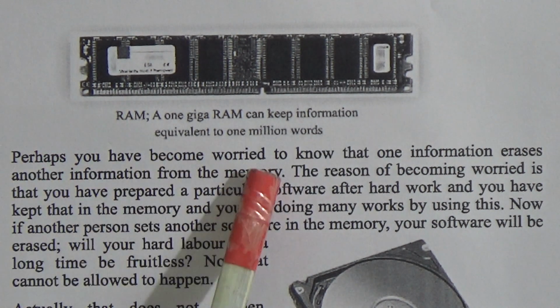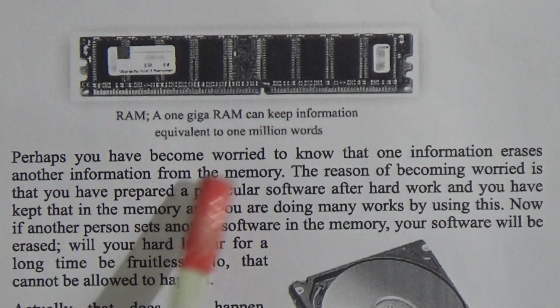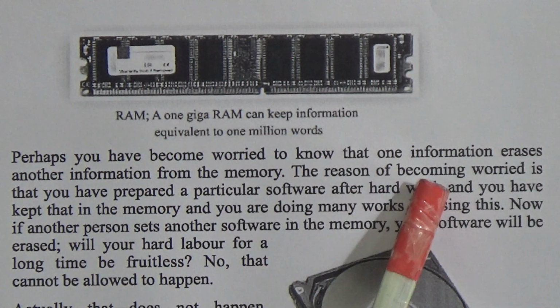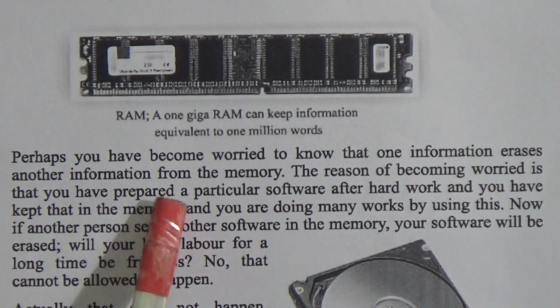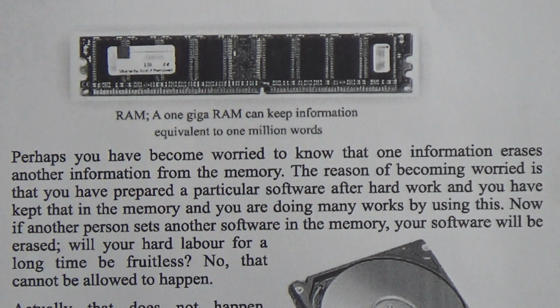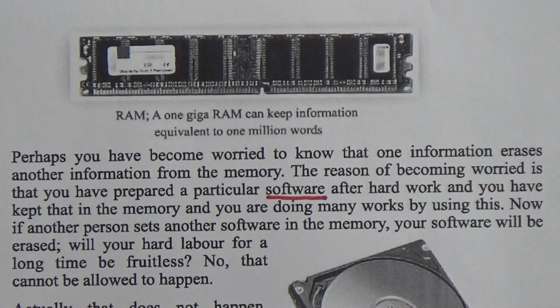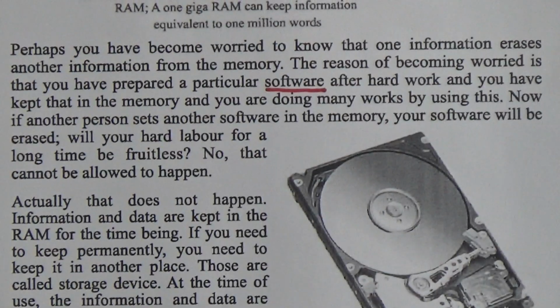Perhaps you have become worried to know that one information erases another information from the memory. The reason of becoming worried is that you have prepared a particular software. Software means a set of instructions that tell the computer how to work.